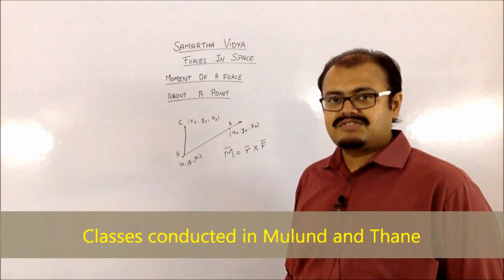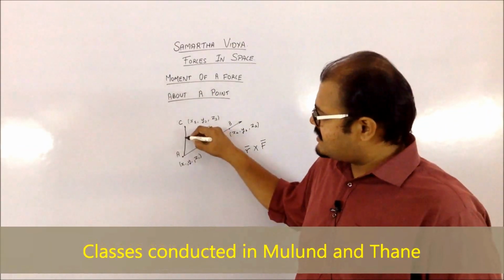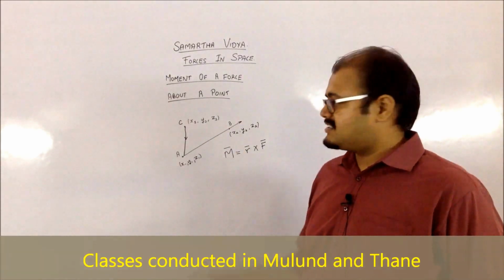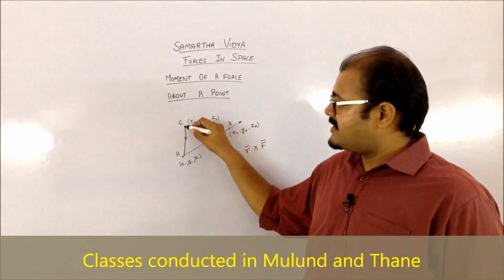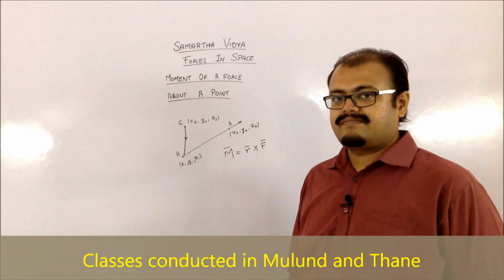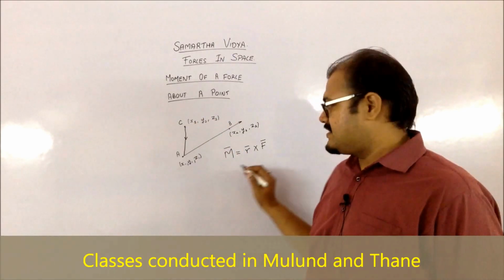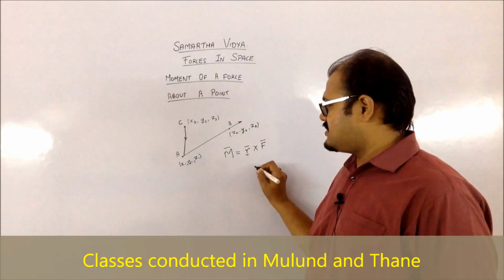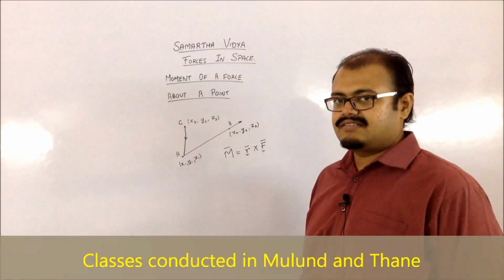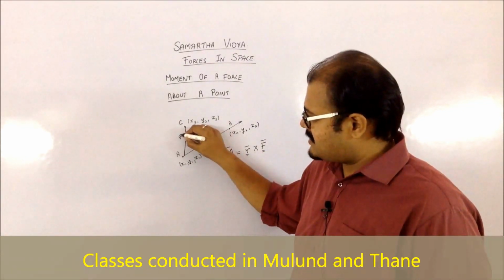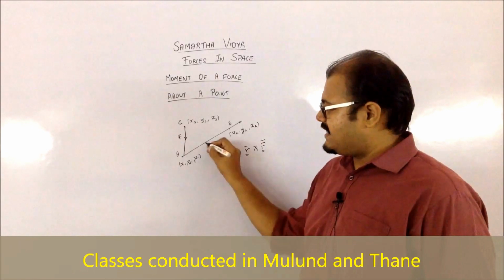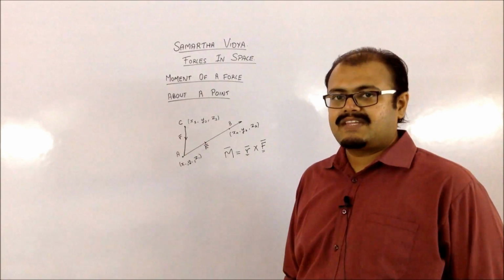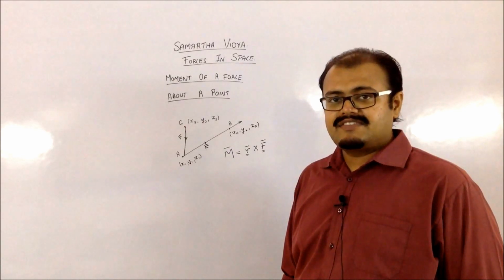But the vector which you should consider is in this direction, that is, the vector going from the point to the line. So for calculation of your moment, you require the r bar and the F bar. r bar is this particular vector and F bar is this particular vector. So there are three steps which you should follow.